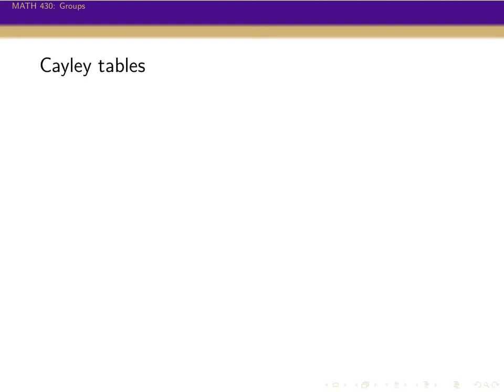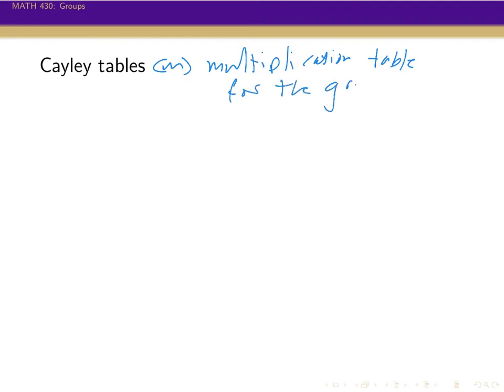So you can think of this as being the multiplication table for the group. Cayley was a British mathematician, and so it's named after him. I think he's more recent, maybe 150 years ago.